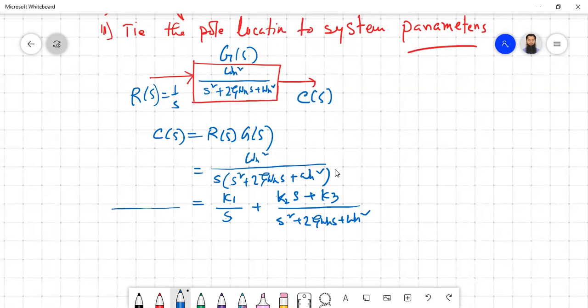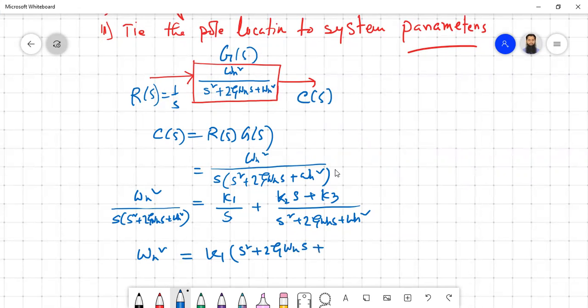On both sides, if you multiply with the lowest common denominator, that is s into s squared plus twice zeta omega n s plus omega n squared, what you are going to get is omega n squared equal to k1 times s squared plus twice zeta omega n s plus omega n squared, plus k2 s plus k3 into s.